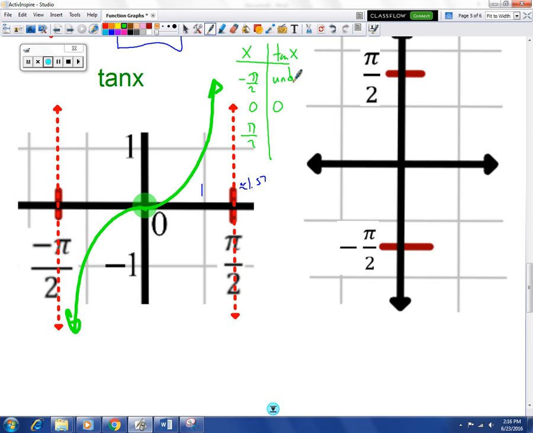I don't really see people making a chart there, but I'm going to put undefined. In fact, I'm going to put a little negative infinity, because as it gets close to negative pi over 2, the graph is going down forever. At positive pi over 2, it is also undefined, but I'm going to put a little positive infinity there.